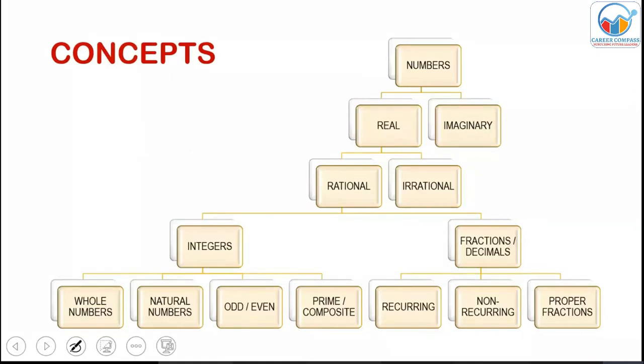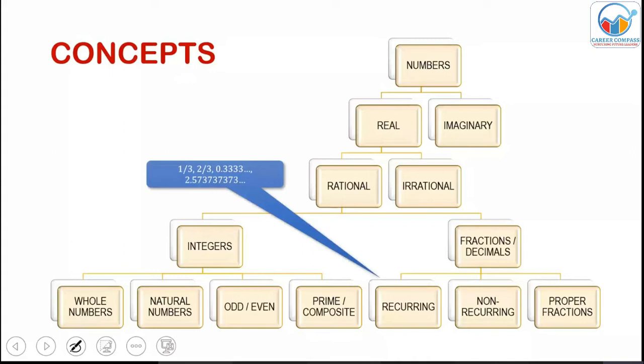If the numbers are divisible by 2, then it is even, otherwise it's odd. Then we have recurring numbers, which are like, having the same digit coming up more than once and it is never ending. So that is reoccurring. So from that word reoccurring, we have this word called recurring number. And hence non-recurring numbers are those which will stop, unlike recurring numbers.